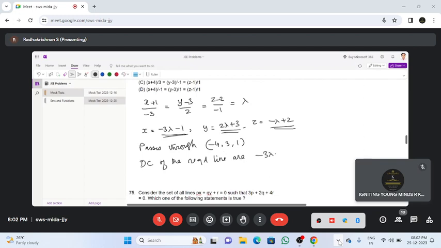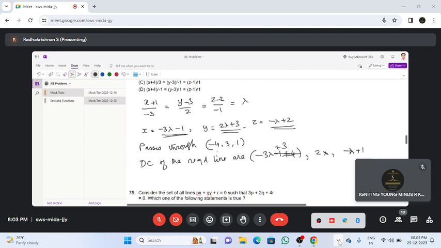minus 3 lambda minus 3 plus 4. Okay, I am subtracting this. 2 lambda plus 3 minus 3, so it is simply 2 lambda. Then minus lambda plus 2 minus 1, so plus 1.